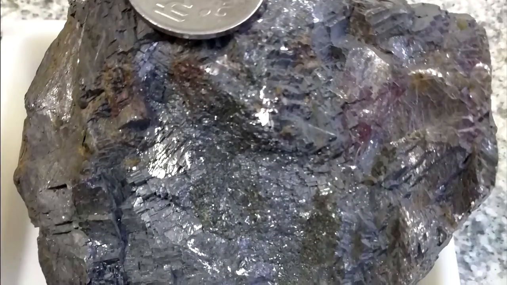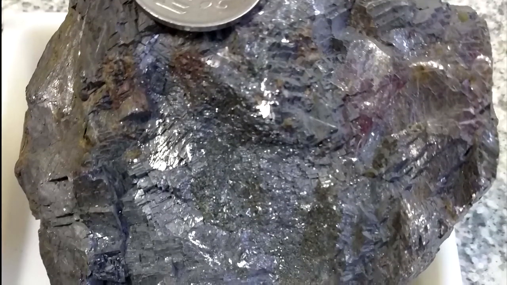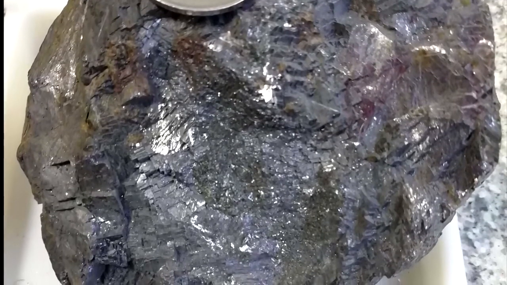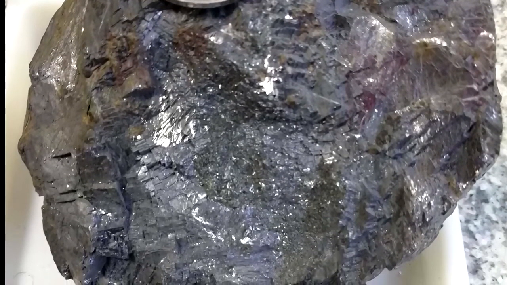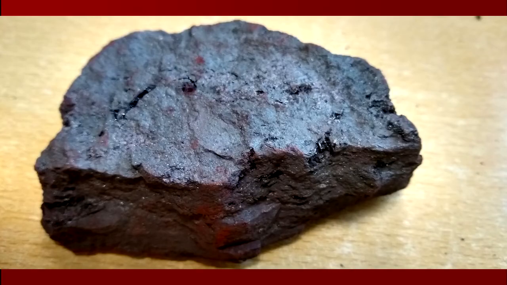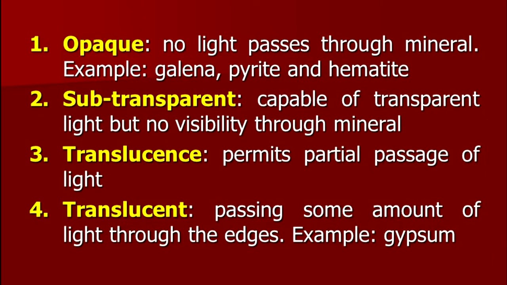First, opaque. No light passes through mineral. We categorize such minerals under the category of opaque mineral. Example is galena, pyrite and hematite. Then subtransparent, capable of transparent light, but no visibility through minerals. Third category is translucence.